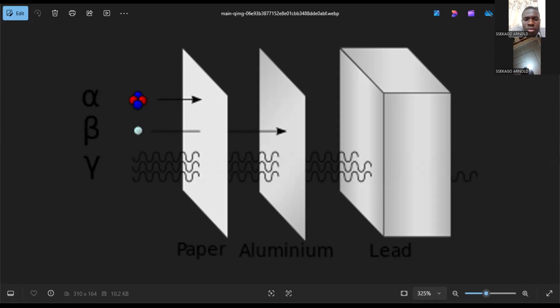As of now, I have explained the properties of these radiations: the alpha particles, the gamma rays, and the beta particles.